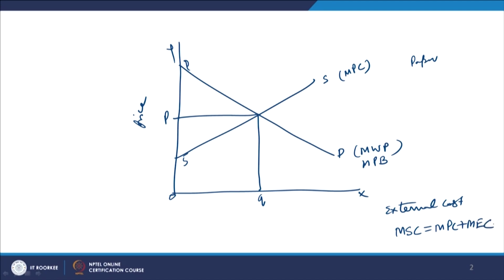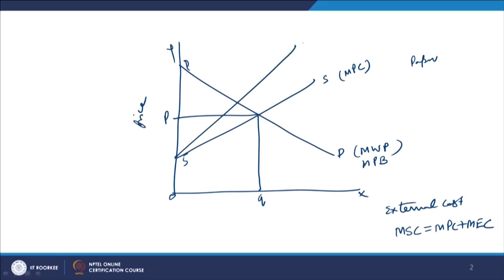Since we are taking marginal, it may increase or decrease, or it may be a constant, in which case a constant will be added, or it may have a slope, and then the curve may be like this.